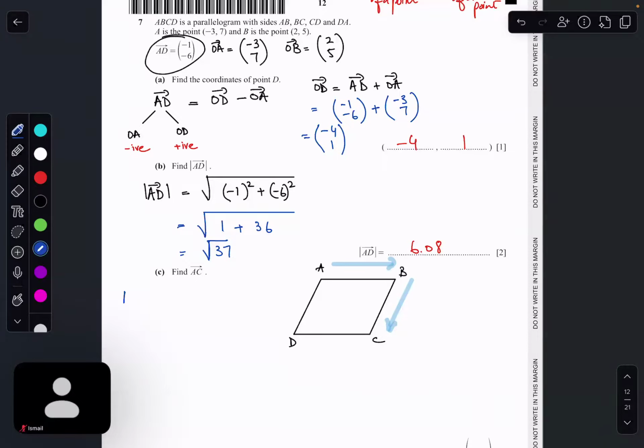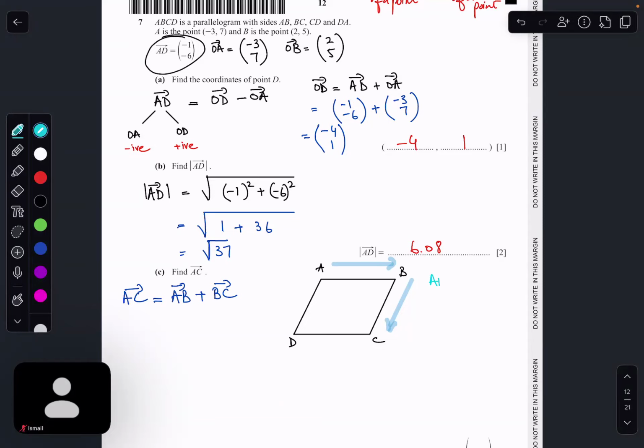So the starting point is A, the ending point is C. We move from A towards B, and then from B towards C. So we are going to add them. Now for this, do we have AB? No, we don't have AB. So I have to find AB.